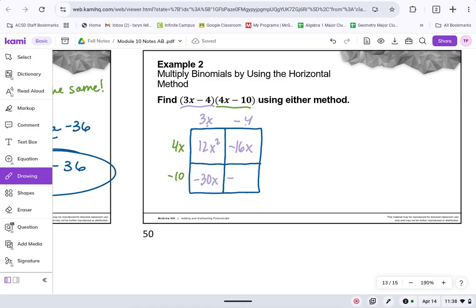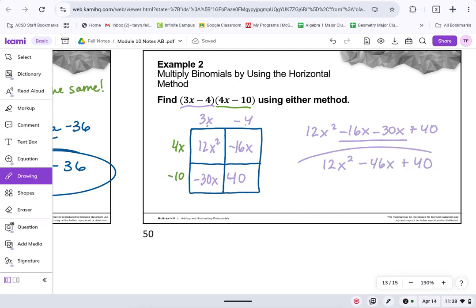And -4 times -10 is +40. Again, when I write out my terms, I would have 12x squared minus 16x minus 30x plus 40. Put together what's alike, I get 12x squared minus 46x plus 40, and that's my final answer.